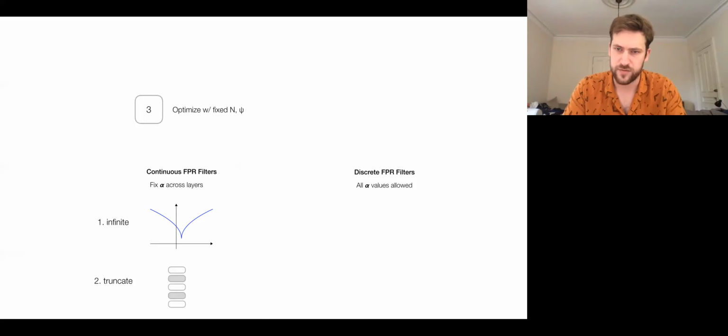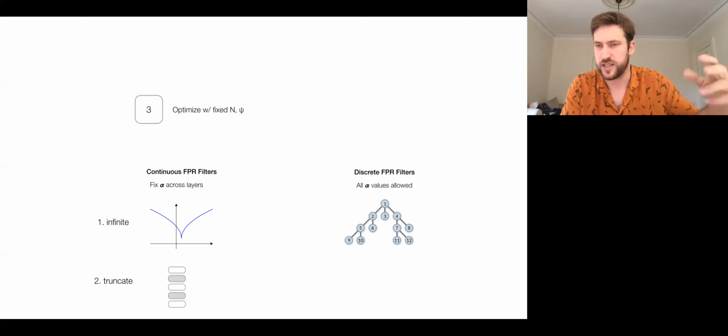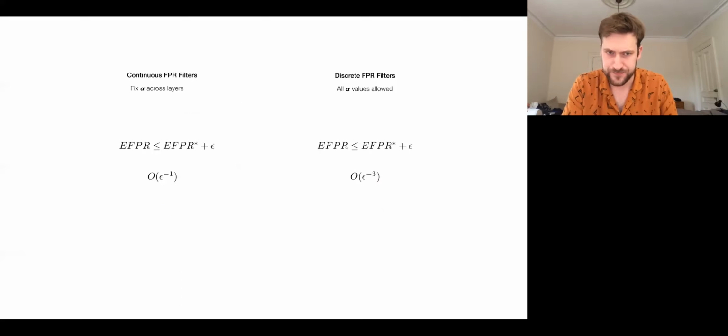And then for discrete FPR filters, you can actually just use a variant of breadth first search. And this is because, again, for cuckoo filters, the FPR rates generally have to be a power of 2. So they're something like 1/2, 1/4, 1/8, 1/16, and you can just check these at each level in a smart way. The result is that for both, you can find a filter which is arbitrarily close to optimal under the assumptions that you've made.